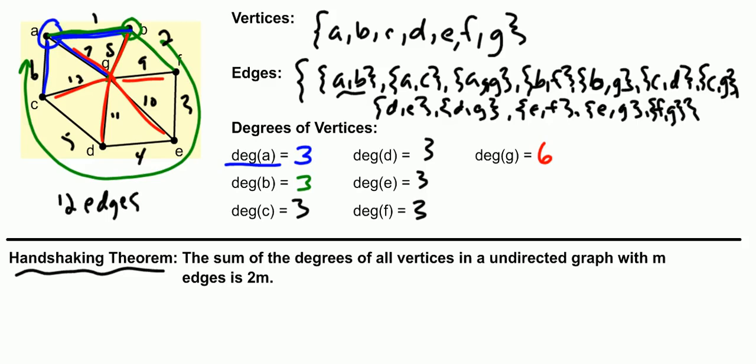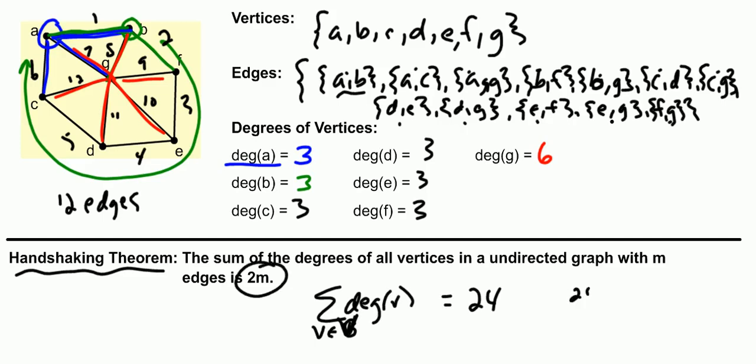But if we take a look at the degrees, 3, 6, 9, 12, 14, 12, 15, 18, 24. The sum of the degrees of all the vertices for v in V, uppercase V being the set of vertices, equals 24. That's 2m. 24 over 2 would equal the 12 edges.